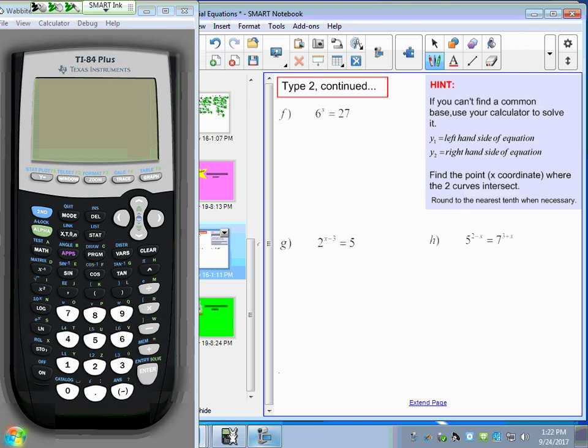This is just to check your answers. So sometimes if you can't find a common number, so example 6, there's no way that we can rewrite 27 as a power base of 6. So what we do is we take the left-hand side and put it as y1 in our calculator, and take the right-hand side and put it as y2. So we go to our calculator.